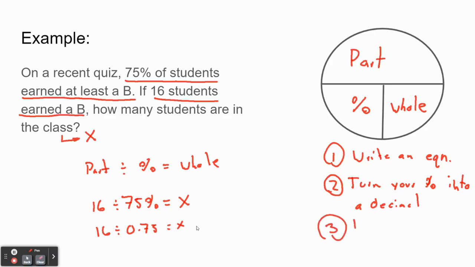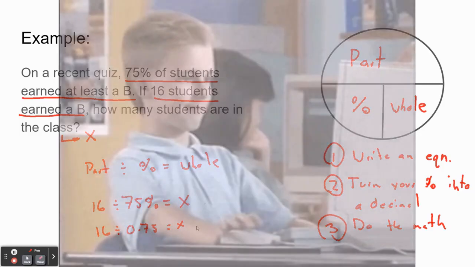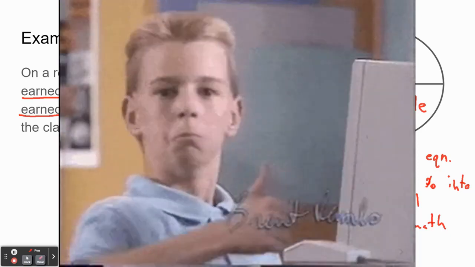Step 3 is do the math. These steps work for any of these, by the way. It's not necessarily specifically for the kinds of problems we're working on today. It can work on quite literally anything.